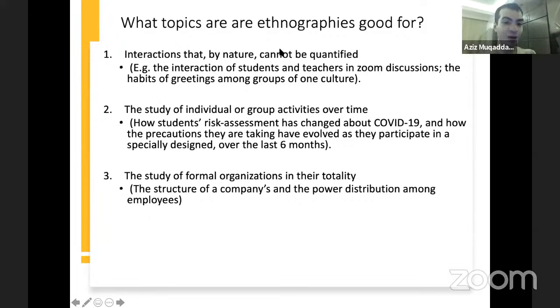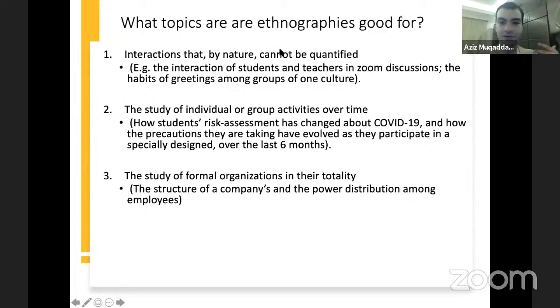For example, right now I'm missing what's happening surrounding you. I don't know, let's say the level of noise in different rooms. What do you do before you go into a Zoom class? What do you do after?